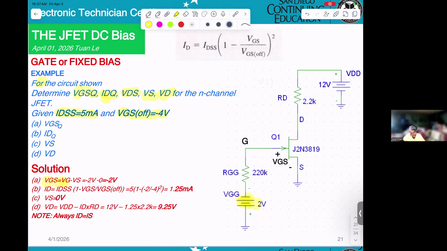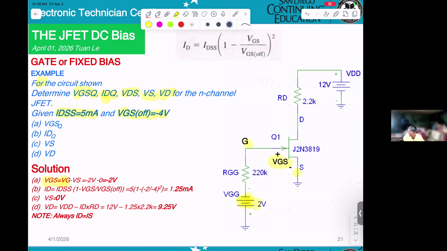VGS, okay, right here. VGS equal minus 2 volt, okay, minus 0 volt.